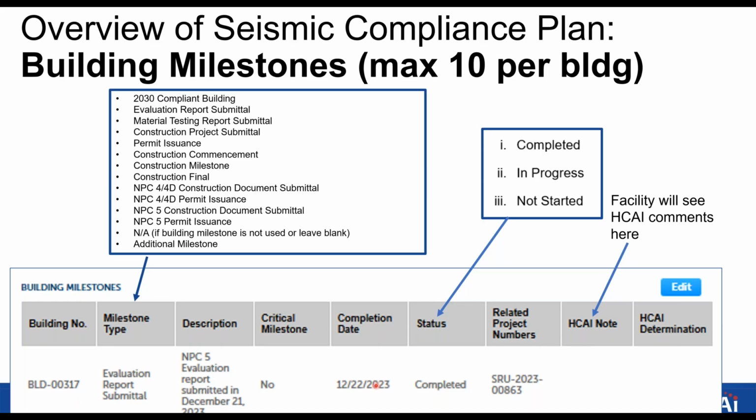You have a chance to revise it when things are changing. Similar to the previous table, the HCAI reviewer will put some comments here, so that when we comment on it, you will be able to see that at the right place, right next to it. So it's pretty straightforward.